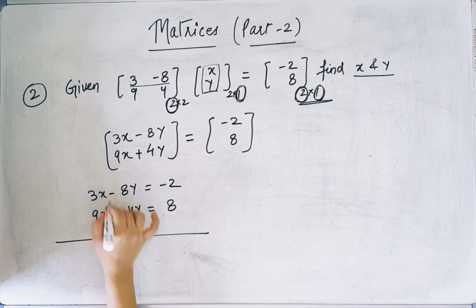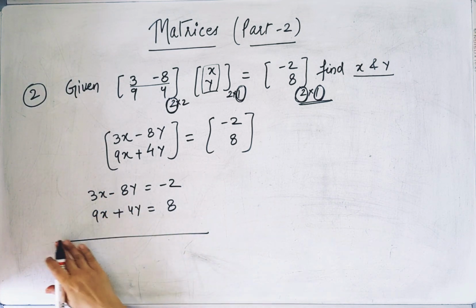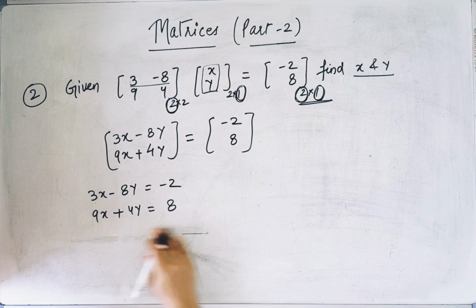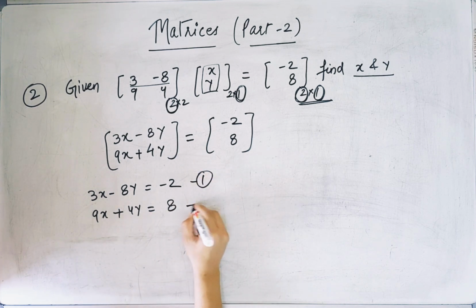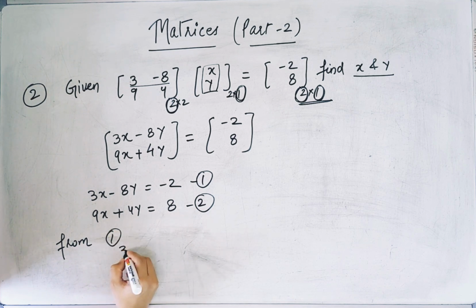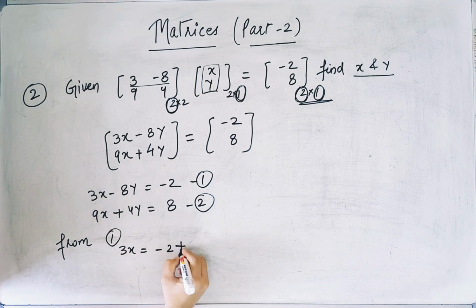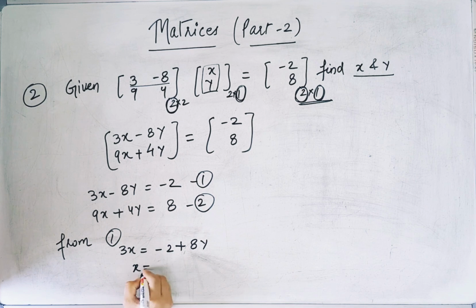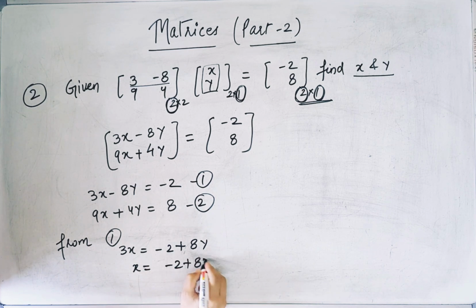We'll solve these equations by substitution method. So what we'll do, let's suppose this is first equation and this one is second. So from first, 3x is equals to minus 2 plus 8y. So x is equals to minus 2 plus 8y upon 3.